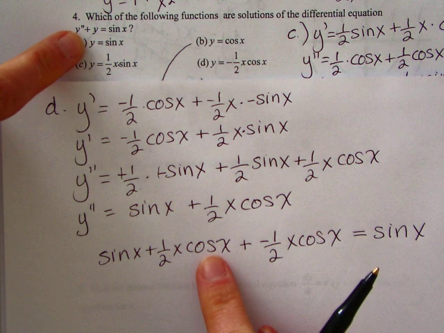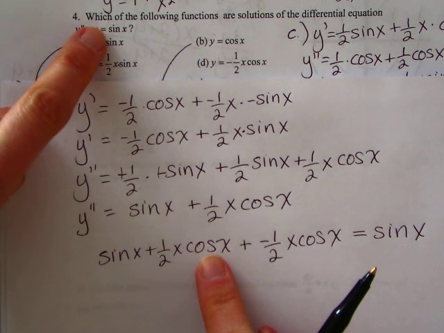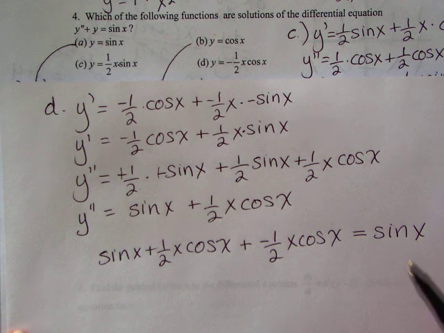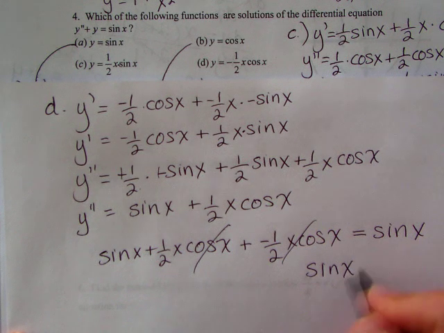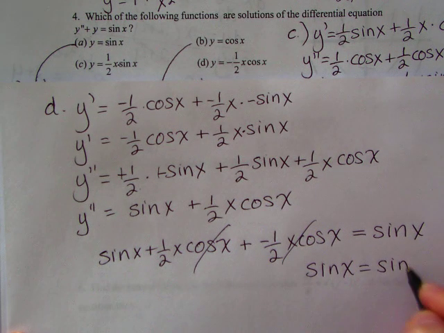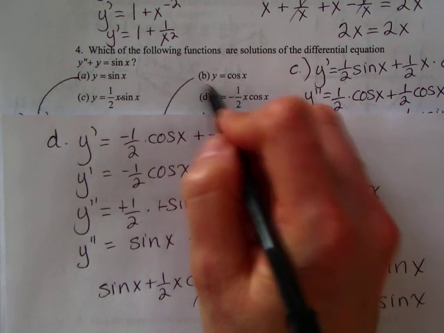Again, I'm plugging y prime in there and y in there, and the other side's done for me. And these two cancel each other out, and finally we have an answer. Sine of x does equal sine of x, so it is D.